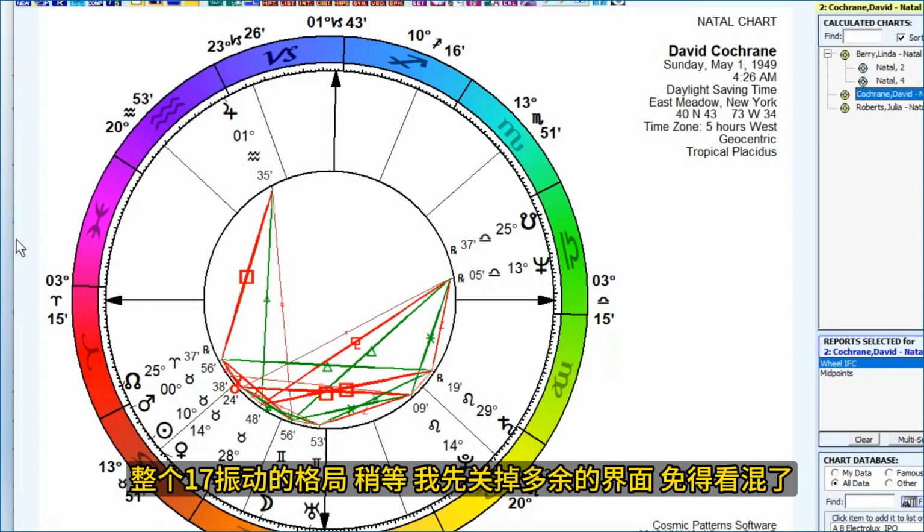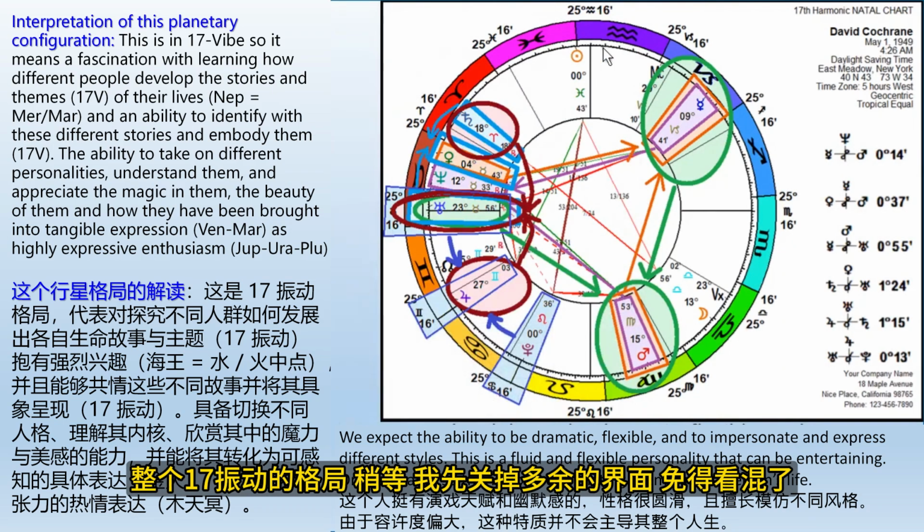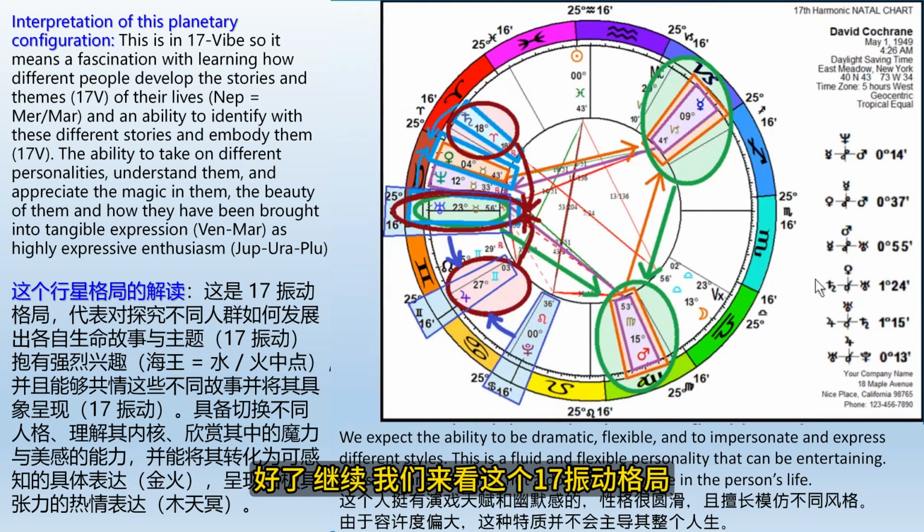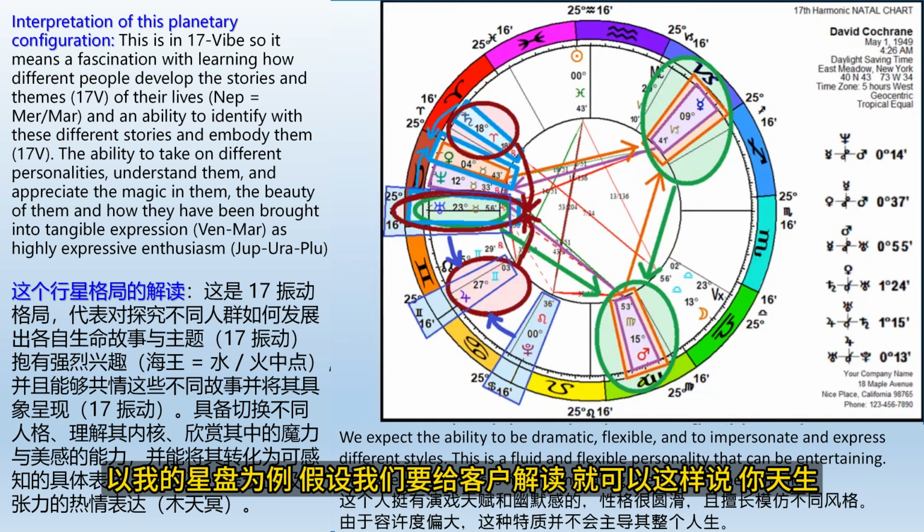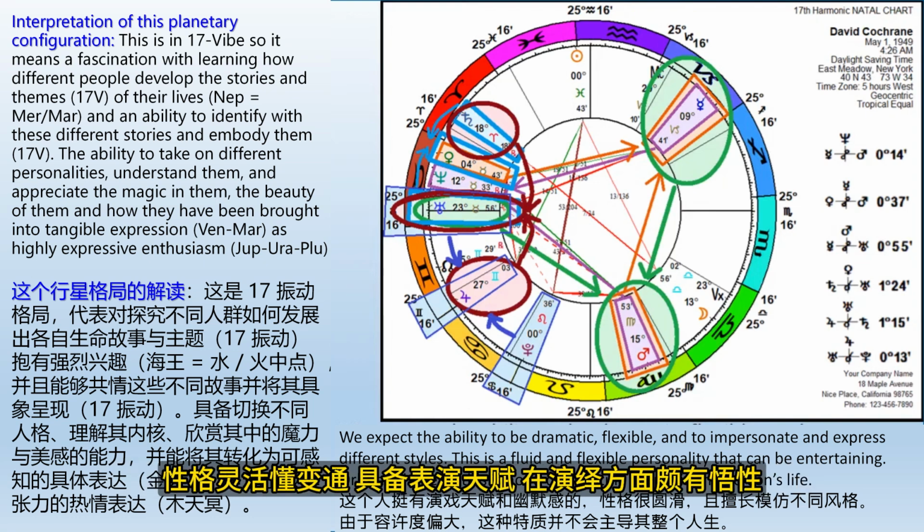Hold on a second. Let me get rid of this so we're not confused. Okay, there we go. We can look at this 17 vibration configuration, and if I were a client, we can say, you've got this fluidity, this ability to perform, to act to some extent.